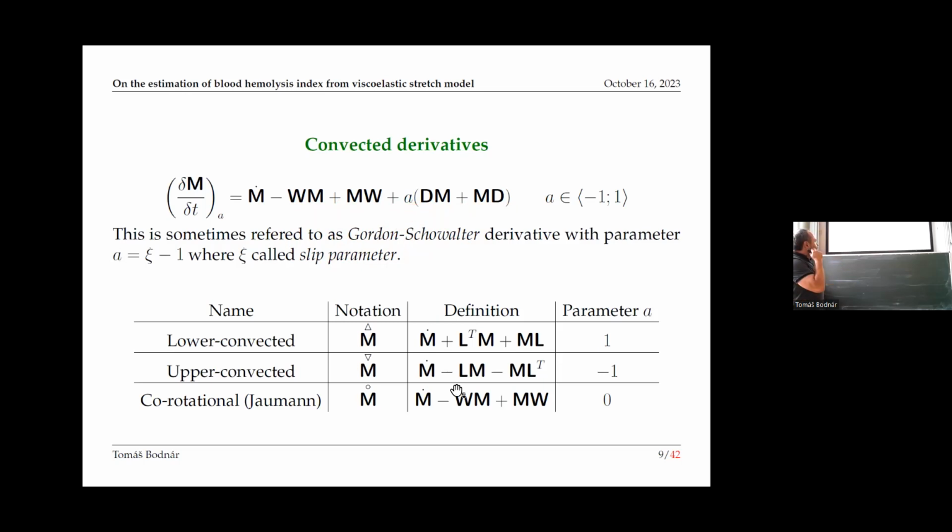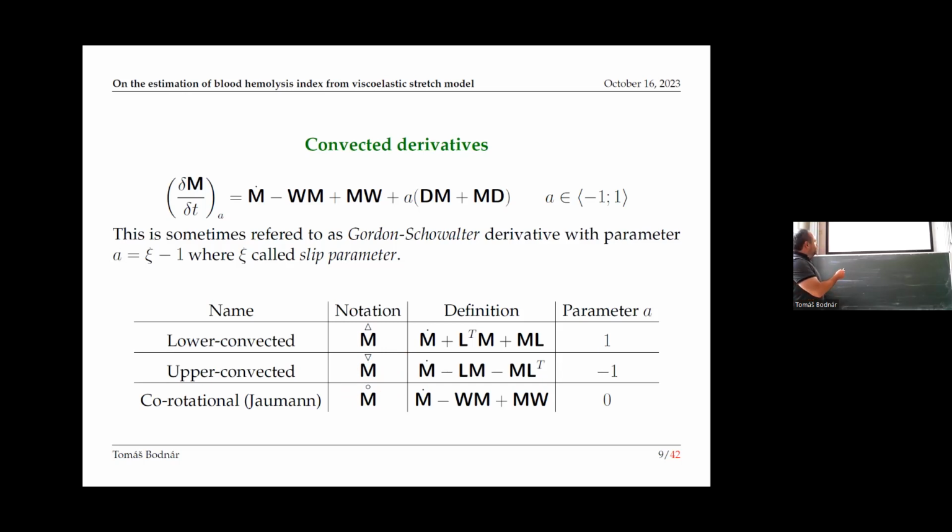And in the models that I will present today, there will be two of these derivatives used. Most of the time, people use the upper convective derivative. And in the model of the blood damage that I will show later on, the corotational derivative is used. It's really partly a matter of, let's say, physical arguments, which derivative to choose.